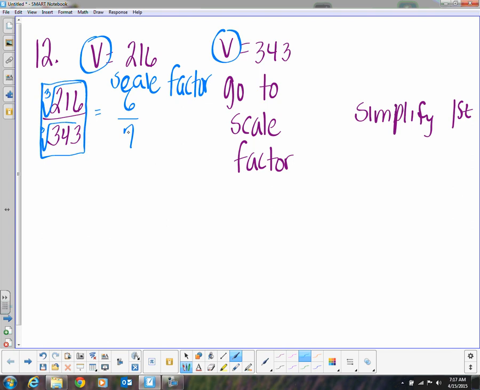Trevor. Oh. Number 27. The volume of a spherical balloon with radius 3.1 is about 125 centimeters cubed. Estimate the volume of a similar balloon with radius 6.2. So on 27, what is your scale factor?